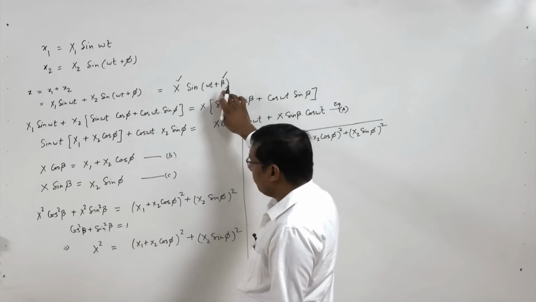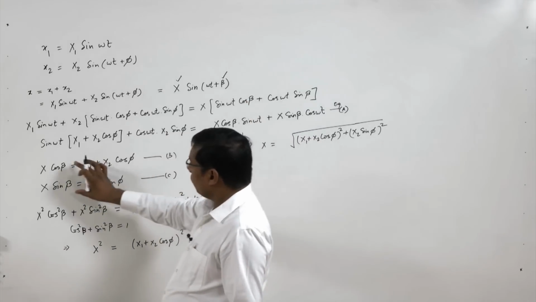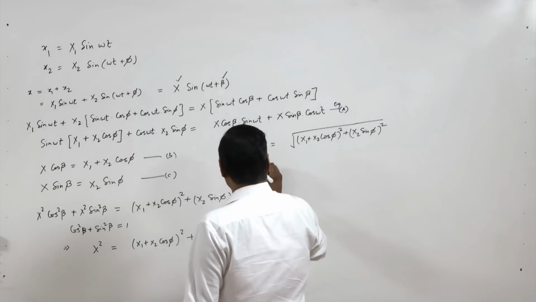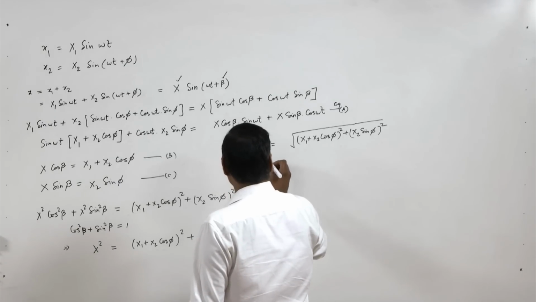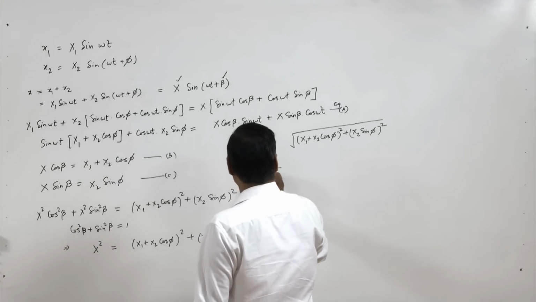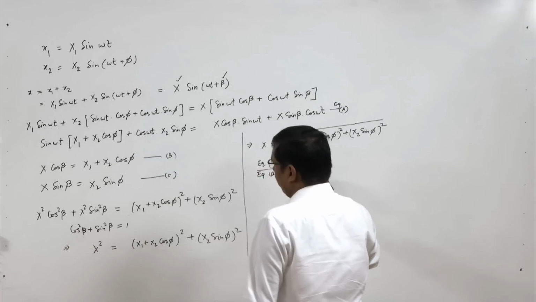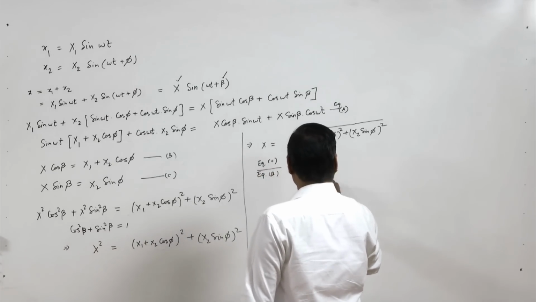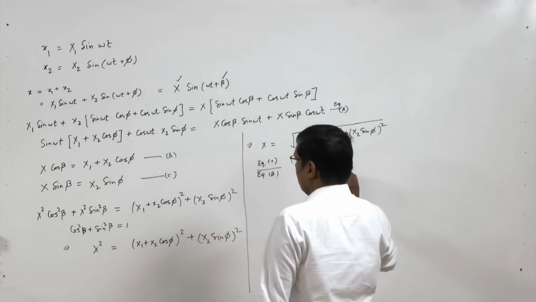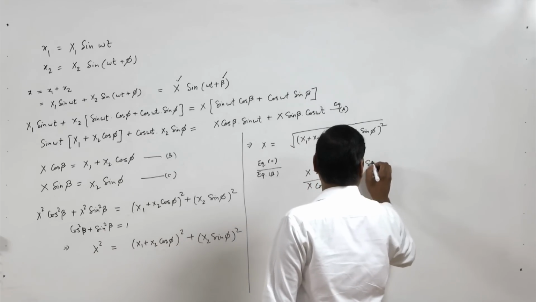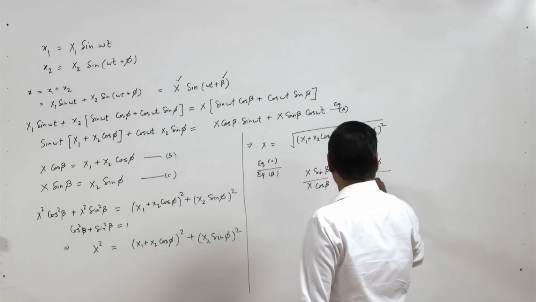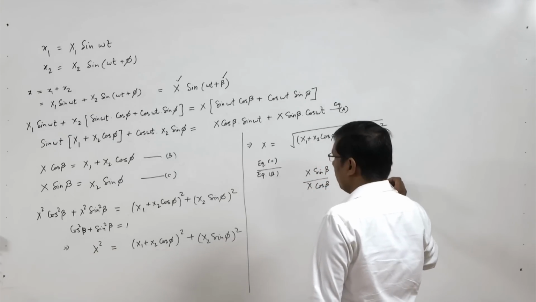Now we have to know the beta. So beta we can know if we divide equation C by equation B. So we get x sin beta upon x cos beta equal to x2 sin phi upon x1 plus x2 cos phi.